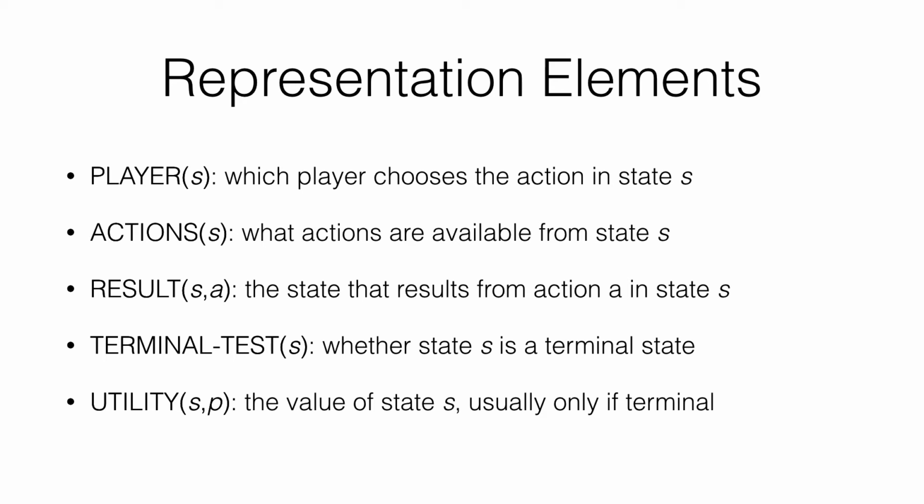And a terminal test, for example for tic-tac-toe, would be: are there three symbols in a row, or are there no more moves left on the board? And then utility for many games is just +1 or -1, or plus some number or minus some number if it's just a win or lose, or if there's betting or money involved, then you get a payout for winning or losing the bet.